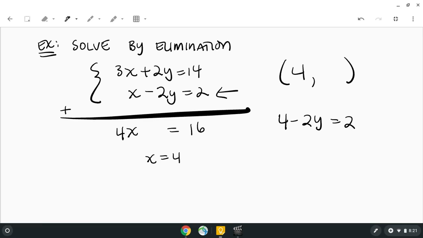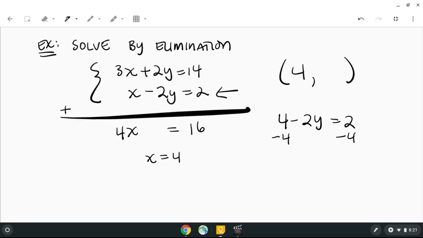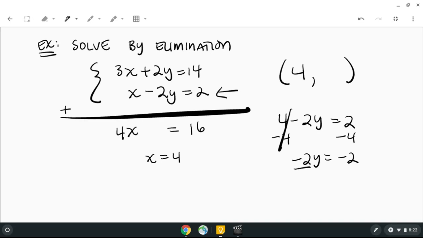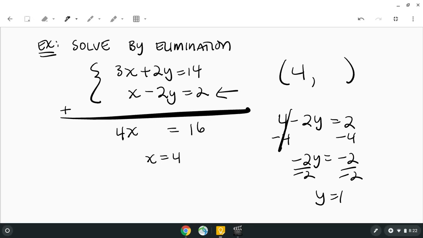Now I just need to solve for y. Remember, I plugged in the 4 for x because I solved for x. Subtract 4, so I get negative 2y equals negative 2. Divide both sides by negative 2, and I get that y equals 1. So that would be my final answer right here, 4, 1.